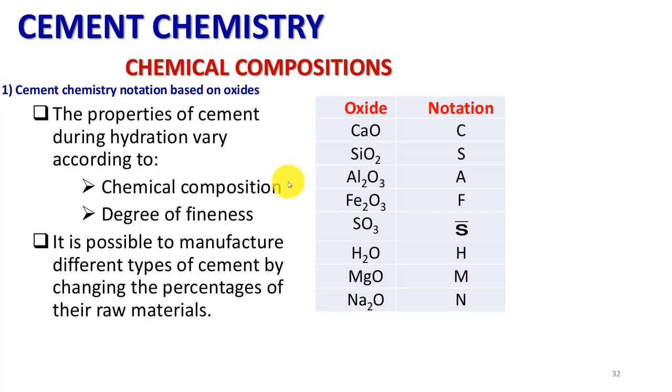Secondly, you have a degree of fineness. If you make your cement particle too fine, it would be highly reactive. Highly reactive means it would be rapid hardening cement. It would help to become rapid hardening or rapid set cement by decreasing the particle sizes.